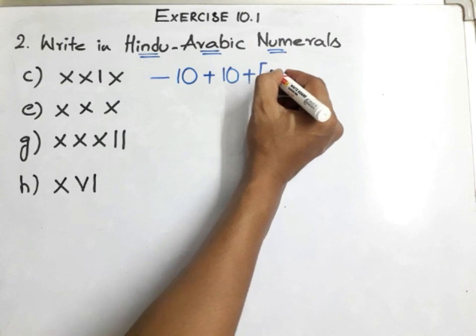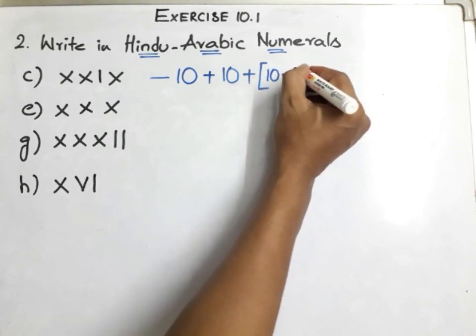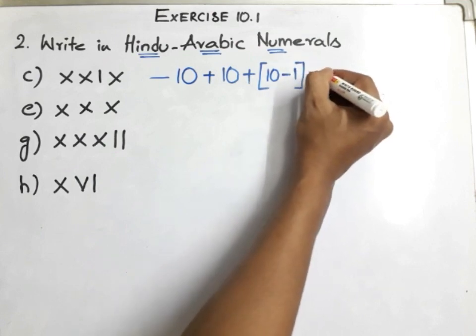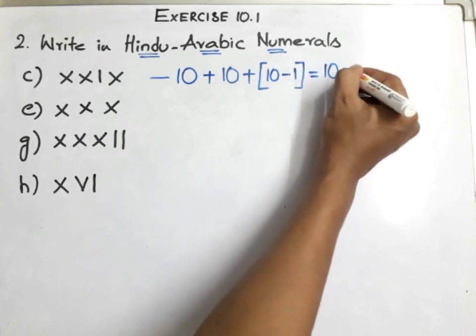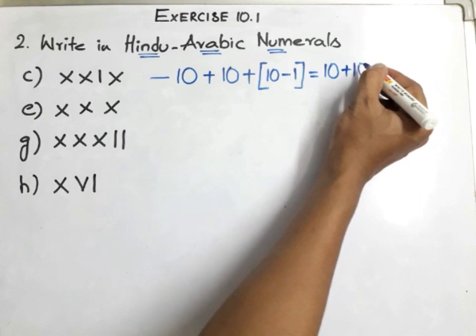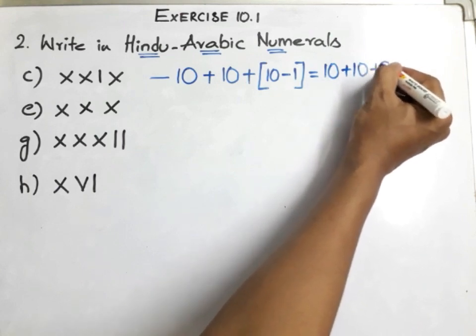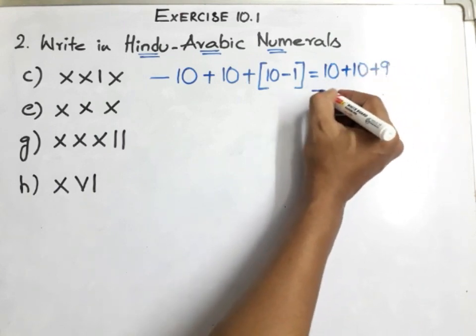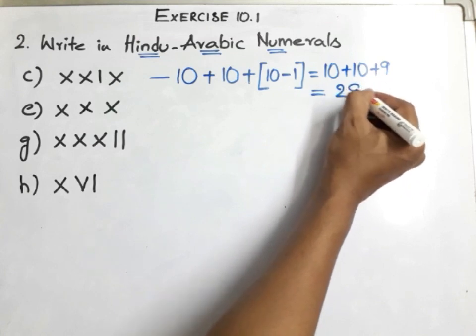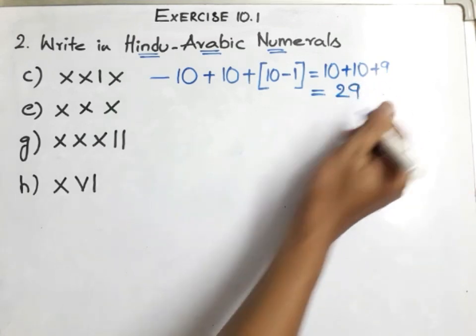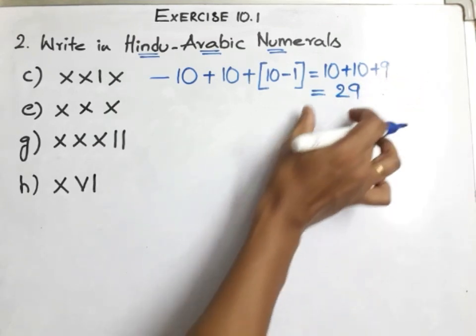Greater minus smaller. What is the greater? 10 minus 1. Then that should be 10 plus 10 plus 9, which is equal to 29.